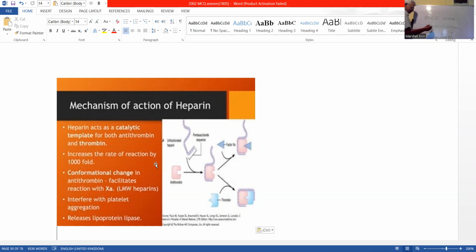When you see the mechanism, there is some complex here. After so many reactions, finally prothrombin turns to thrombin. Thrombin changes soluble fibrinogen to fibrin threads. Insoluble fibrin.